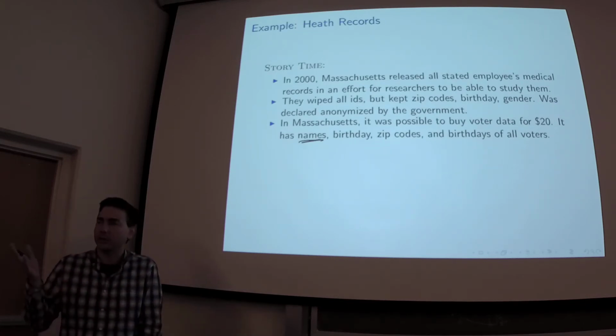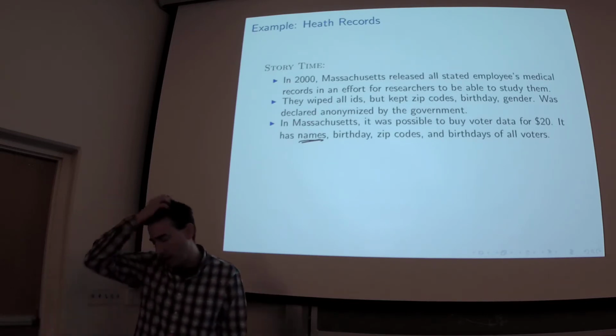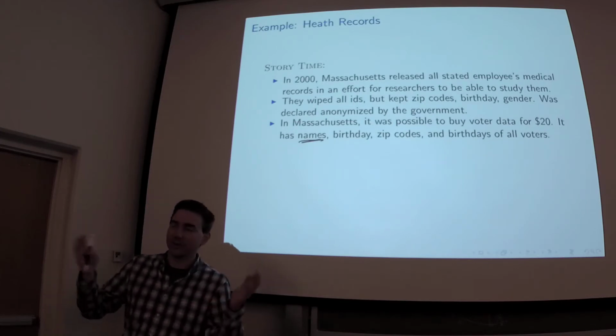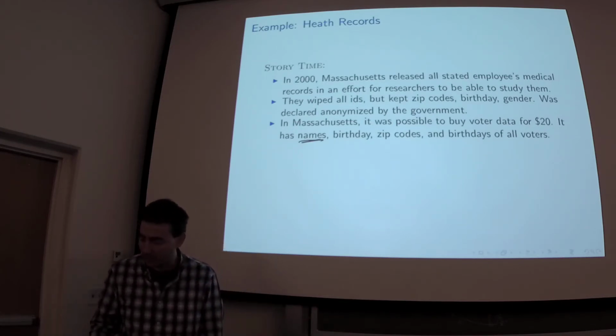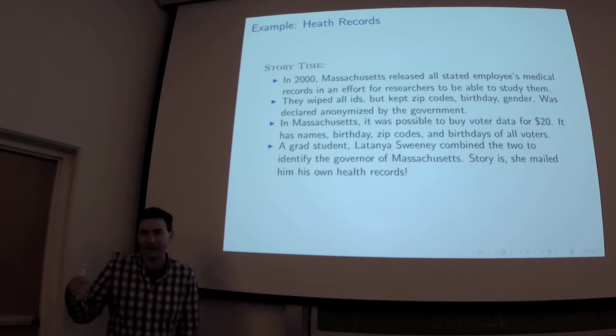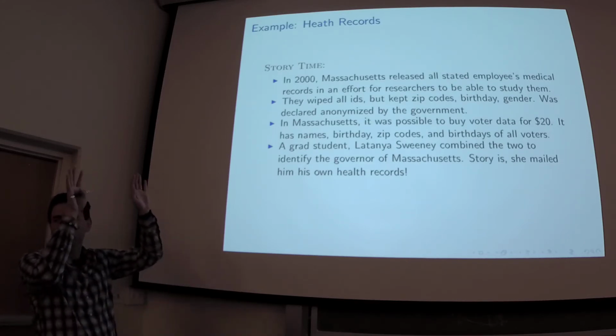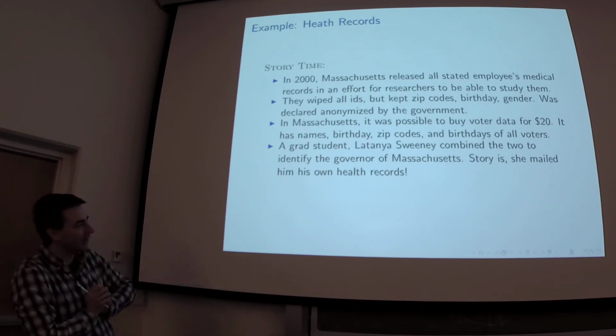I think it may have also had the gender. So it had this other information, right? It's not exactly the same as before, but you could try to take these two data sets and join them together.